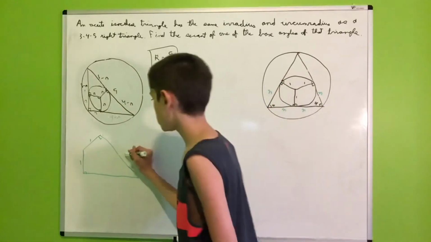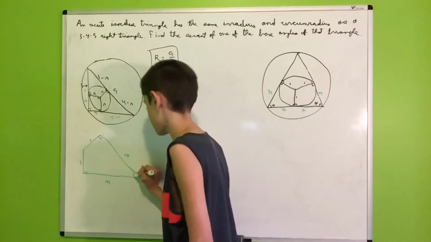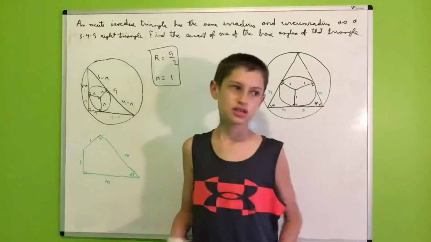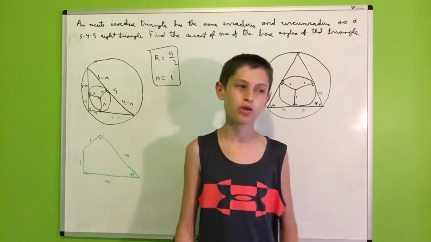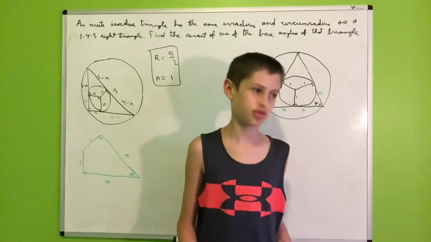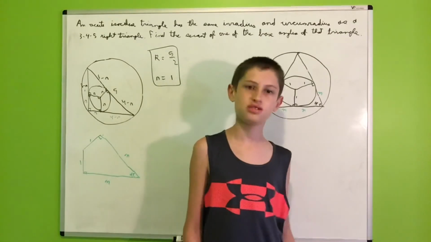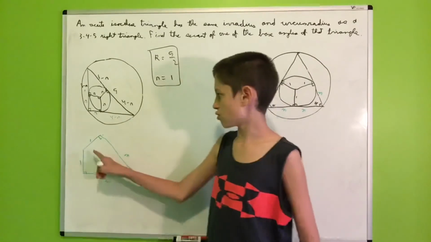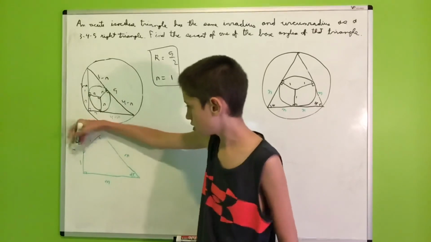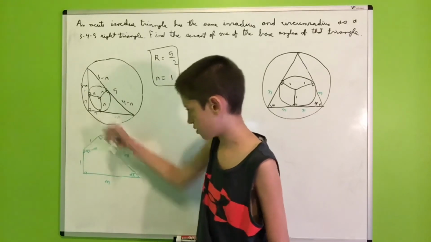So now this is n, this is n, this is alpha, and then since the sum of angles in the quadrilateral is 360 degrees or 2 pi radians, and our two right angles already take up pi radians of that, the remaining angle right here will be pi minus alpha.